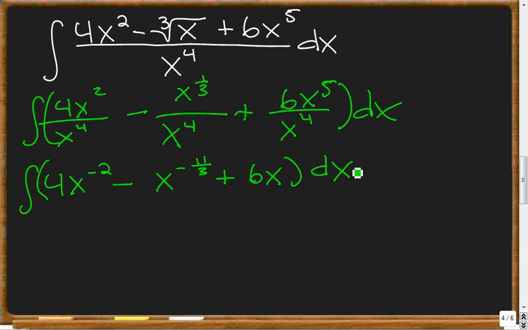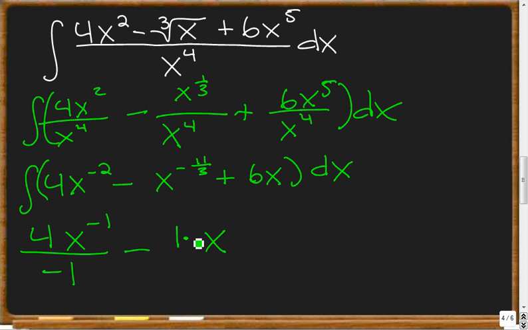All right. So now we're in a place where we can actually go forward and integrate. So do what we've done before. We have x. We raise negative 2 by 1. So it becomes negative 1. Our 4 remains, and we divide by negative 1. Then we subtract away this. We have x.